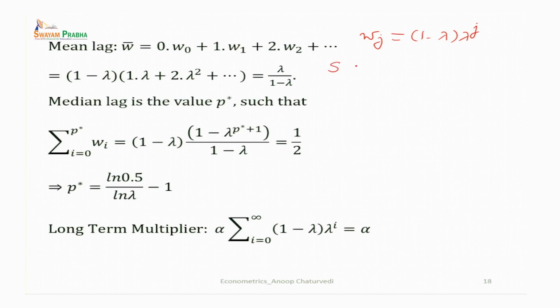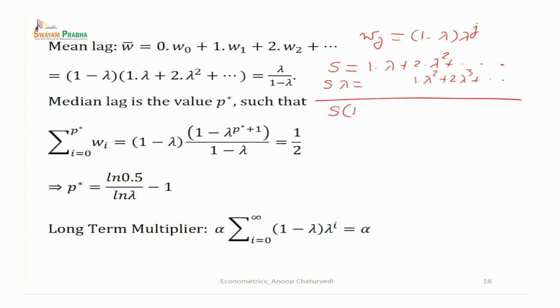And suppose you want to find the sum of this series, s equal to 1 into lambda plus 2 into lambda square plus so on. You have this infinite series, you multiply s by lambda. So, you get 1 into lambda square plus 2 into lambda cube plus so on, and then you take the difference.